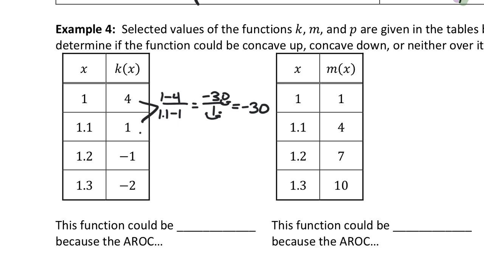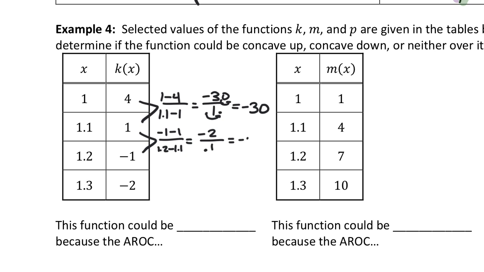If I do this again, okay, I go here, I have negative 1 minus 1 over 1.2 minus 1.1, which ends up being negative 2 over 0.1. Using that same idea, move the bottom decimal once, move the top decimal once. What does that become?